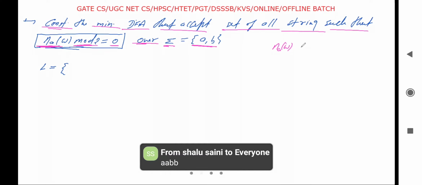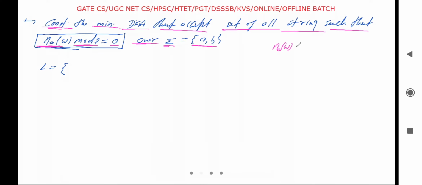Next, number of a in w mod 2 equal to 0. So we can say the number of a can be 0 or not.